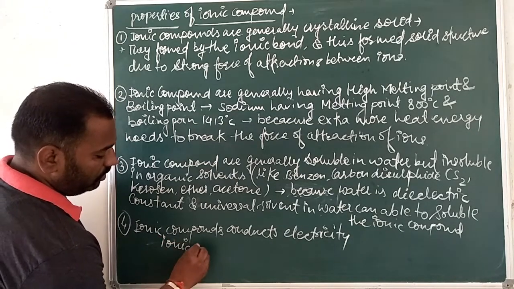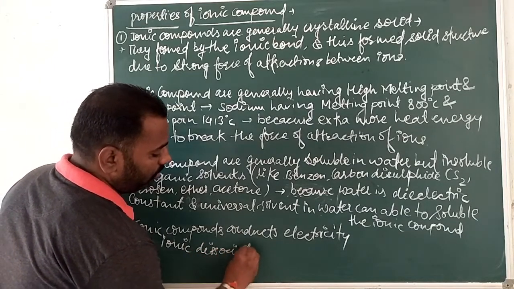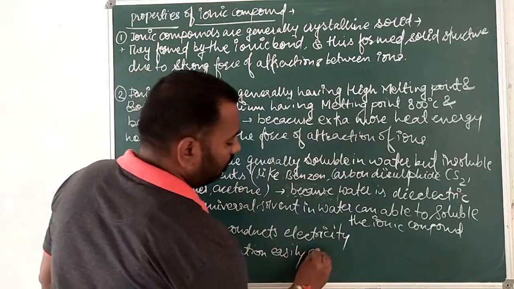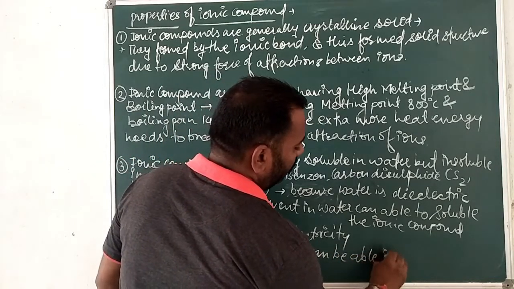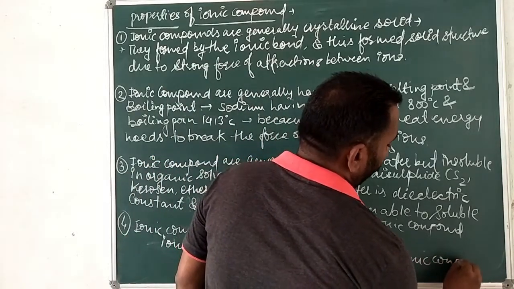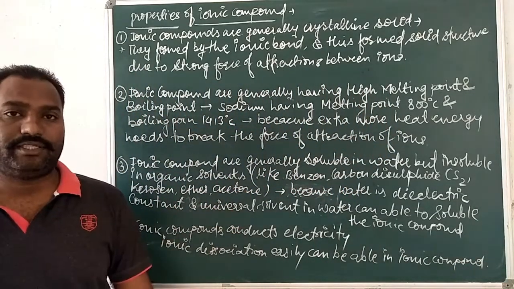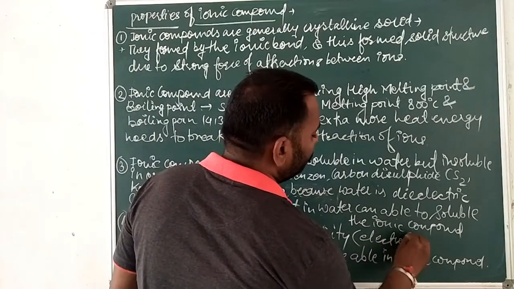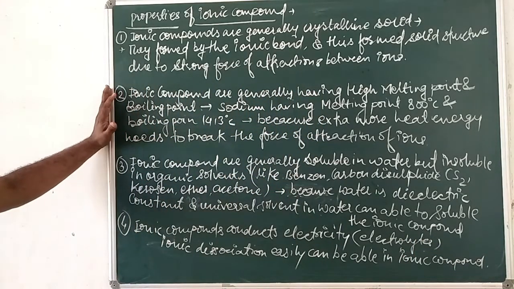Ionic dissociation can easily happen in ionic compounds, so they easily dissociate their ions. They are good conductors of electricity, which means they can form electrolytes. So these are the four properties of ionic compounds.